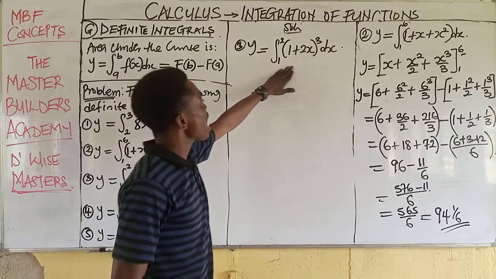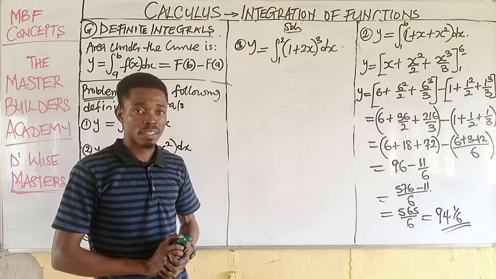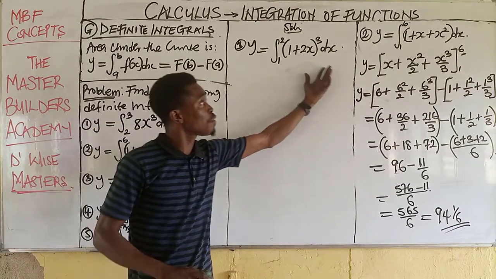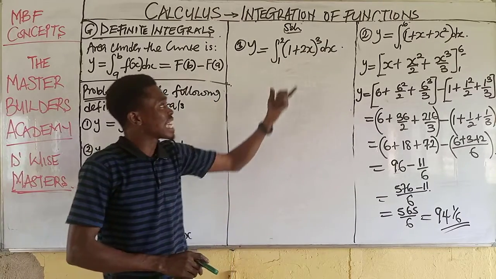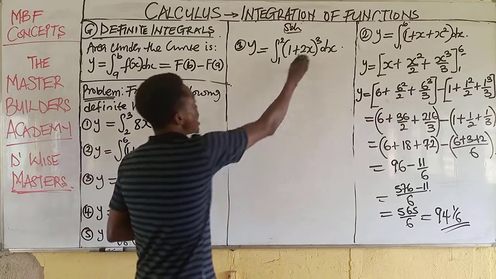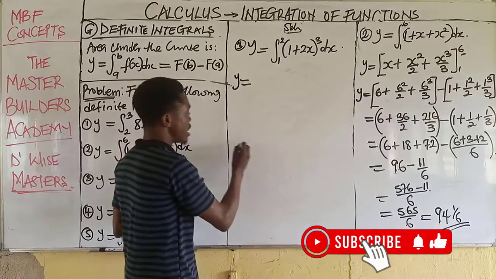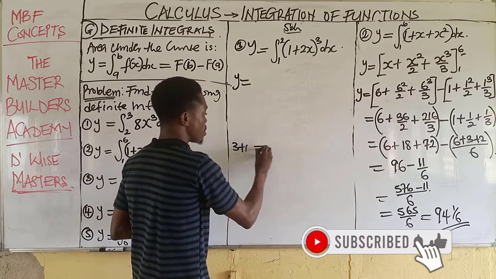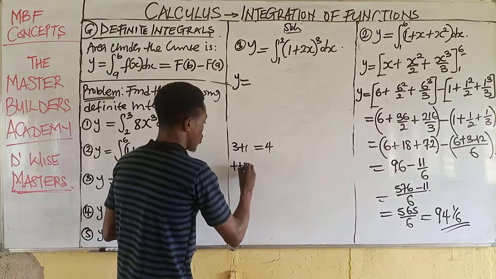So now we have integration of a linear function at this point. To integrate a linear function, first identify the power, and second identify the function of x. Now, the power here is 3, so we add 1 to this, it becomes 4. Then the function of x is 1 plus 2x.